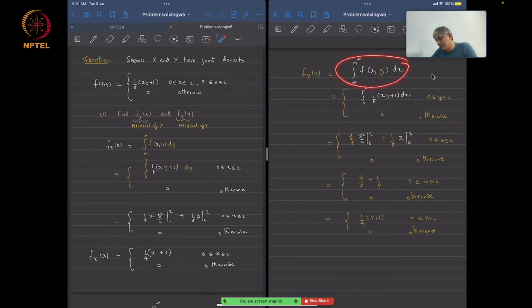Now if you notice, I got essentially the same answer. f sub x of x is 1/4 (x plus 1), and f sub y of y is 1/4 (y plus 1). One needn't have done this because this density is symmetric in x and y. If I change the roles of x and y, it's symmetric. That's why the marginal density of x should look exactly the same as the marginal density of y.